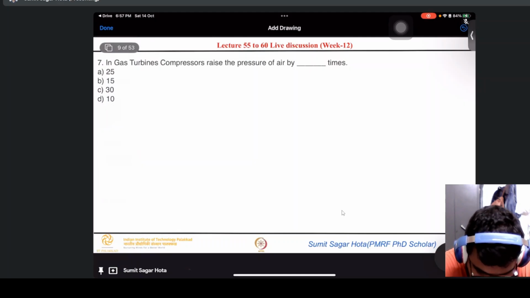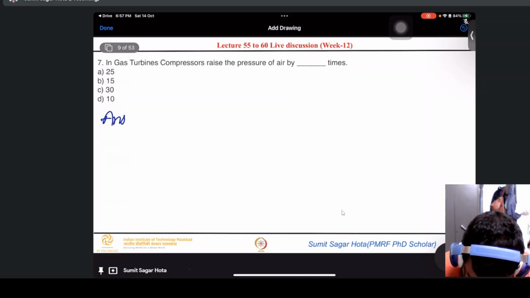Next question. The gas turbine compressor raises the pressure of air by dash times. The answer is 30 times. The compressor's work is to raise the pressure of the air.